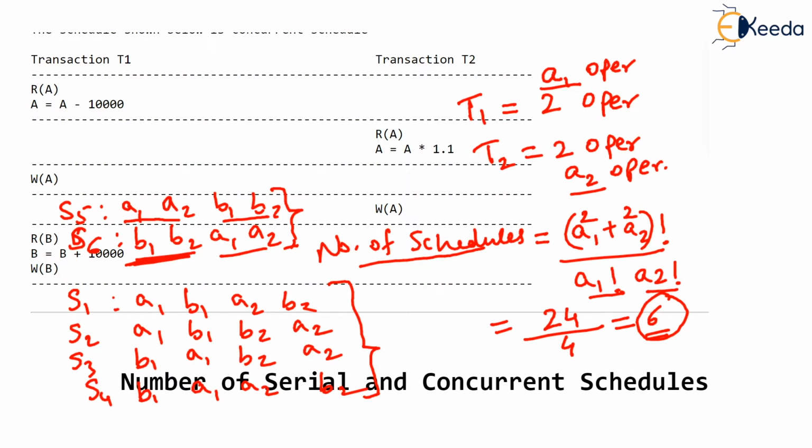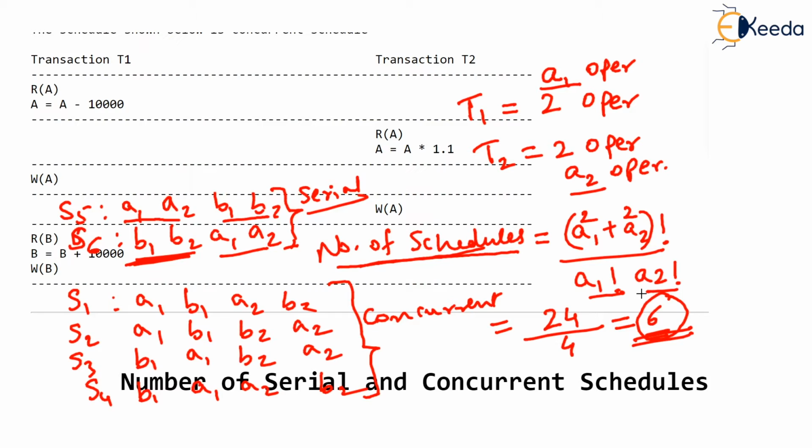So in this formula we have written the number of schedules possible. This 6 is the number of concurrent schedules plus serial schedules that are possible if there are A1 and A2 operations in T1 and T2.